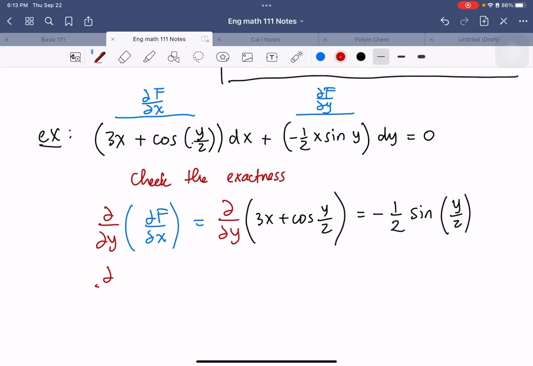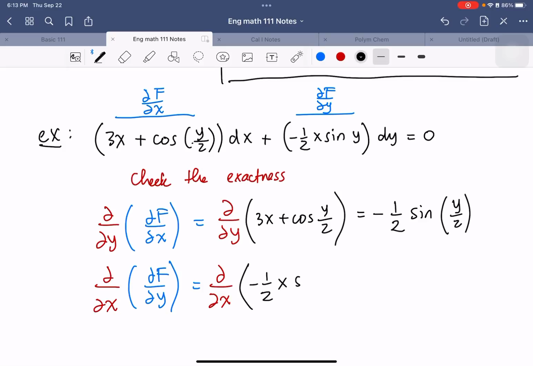The other part is ∂f/∂y. Now this part will be negative half x sine y.